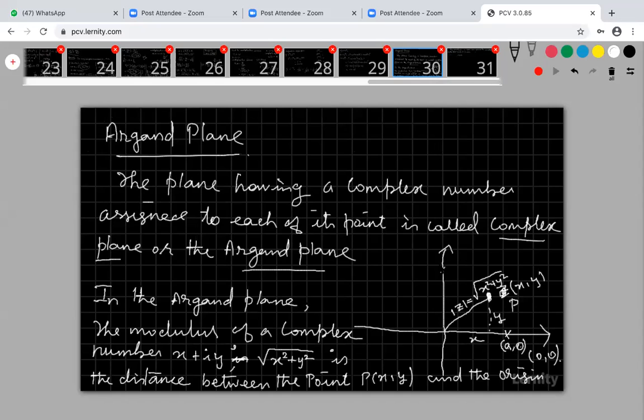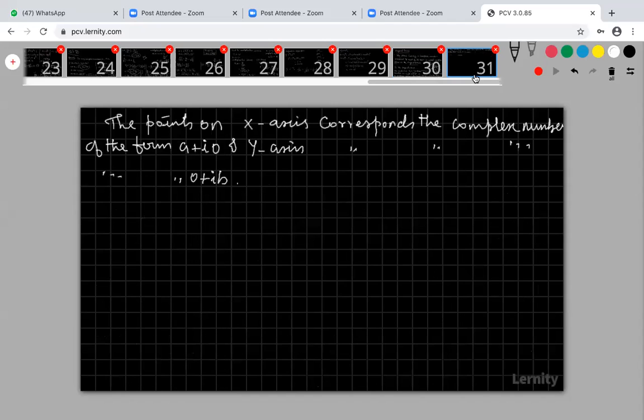Suppose I take a point here, this is 0 comma some b. So the complex number representing the points on this y-axis is 0 plus ib. This is the imaginary axis, this is the real axis. Whenever you take the y coordinate, you have to put i. A plus ib is the representation of a complex number, right?